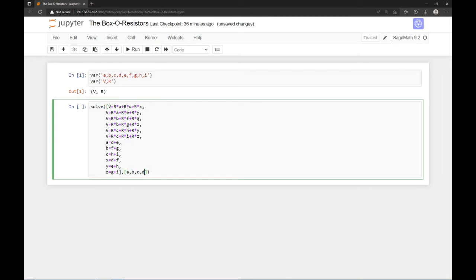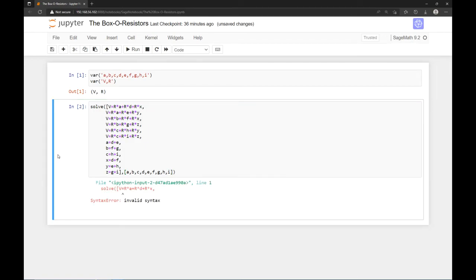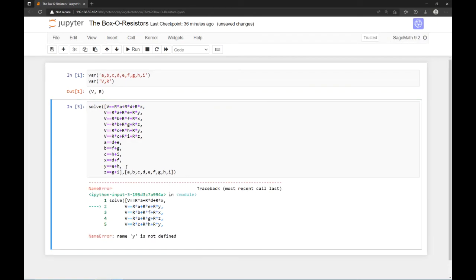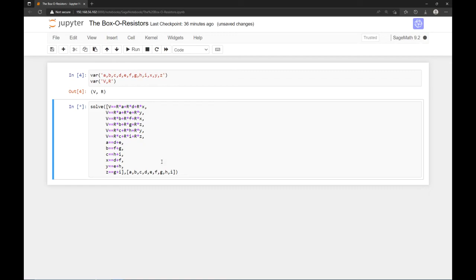And then we're going to tell our equation solver to solve for the currents effectively. Yes, when an equal sign is not an equal sign. And then there we go.